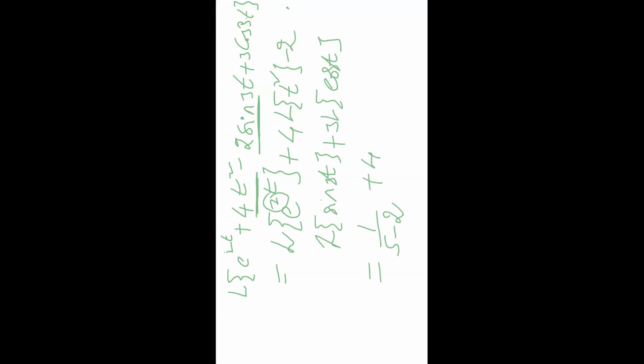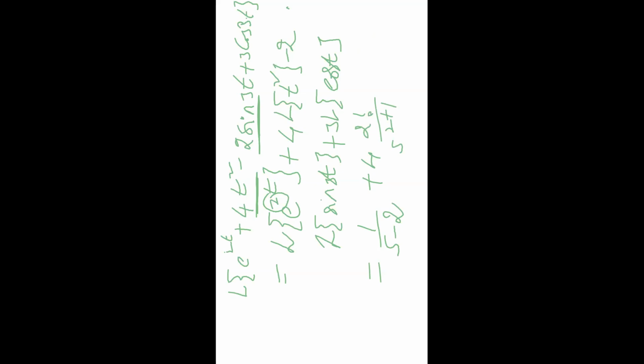Plus 4 into L of t square. 2 is a positive real number, so go to the first formula, n factorial by s power n plus 1. Here the n value is 2, taking n equal to 2, so 2 factorial by s power 2 plus 1.